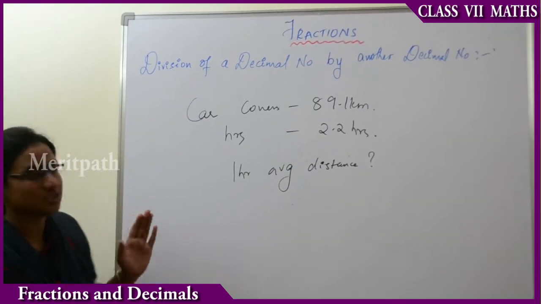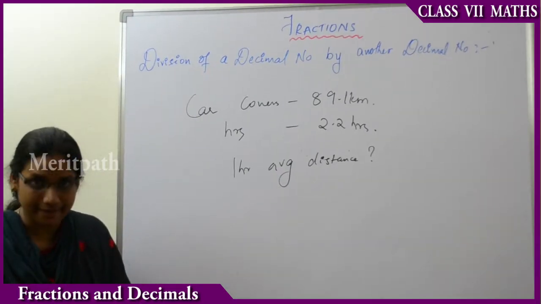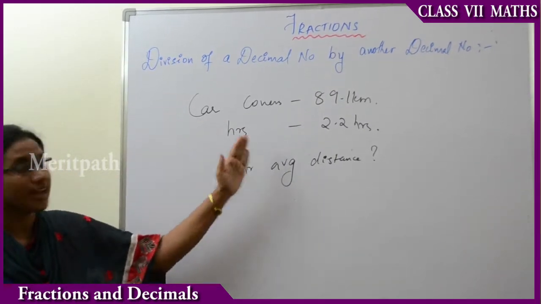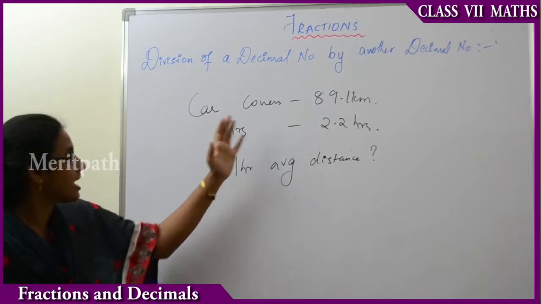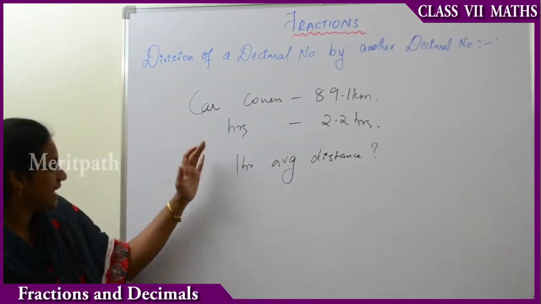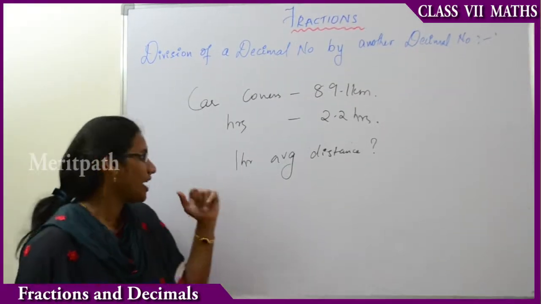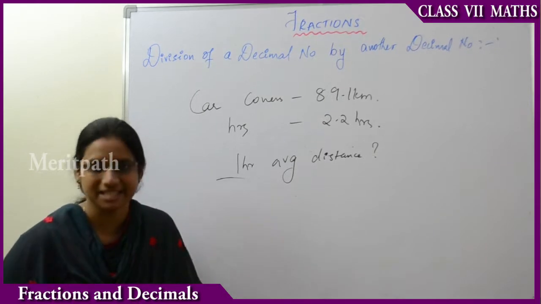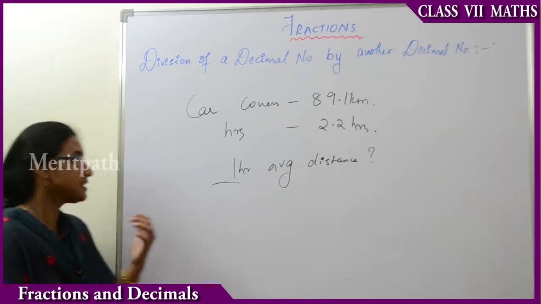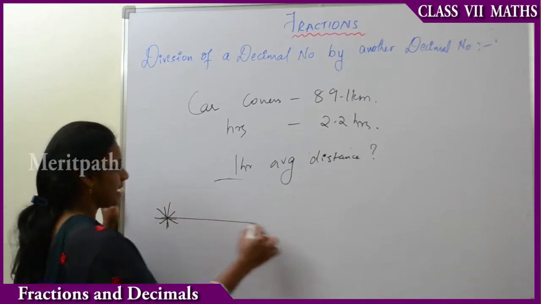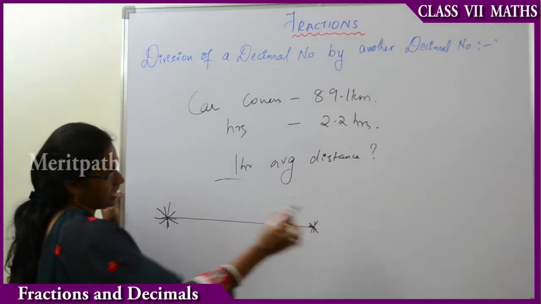Let us see the division of a decimal number by another decimal number with the help of a problem. A car is going from Hyderabad. It covers a distance of around 89.1 kilometers in 2.2 hours. Now we have to calculate in 1 hour how much average distance it should cover. For example, the car is traveling from Hyderabad, right? And this is the destination, okay?